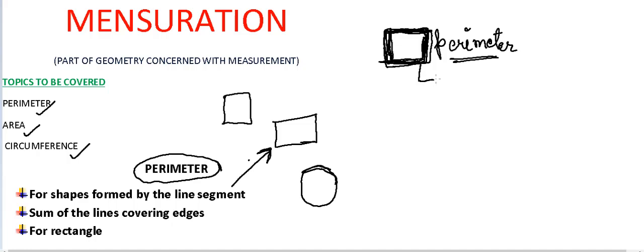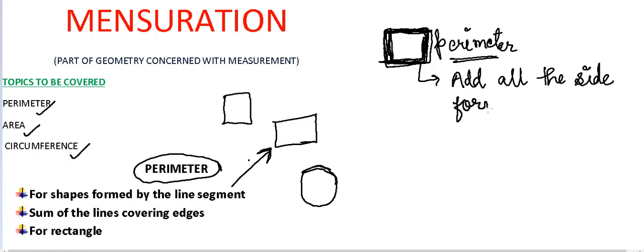So for perimeter, what we are going to do? We'll just add all the sides forming the shape. For this shape, if it's 11, let it be 2, 2, and 2.